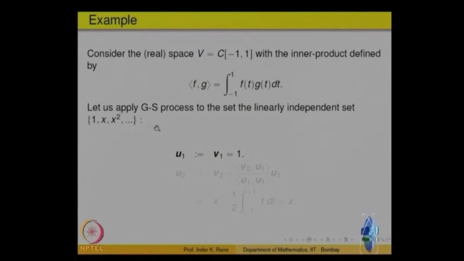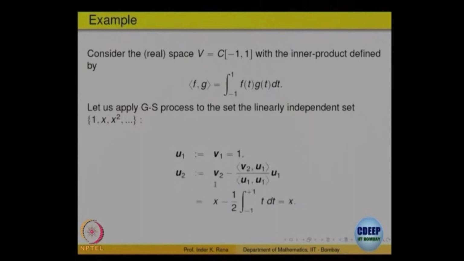So, if I take this infinite sequence, any finite number of them is linearly independent, and I can apply the Gram-Schmidt process to this set. What will be u1? That is the same as v1, the constant function 1, because the first one is v1 equal to w1, taken as it is.